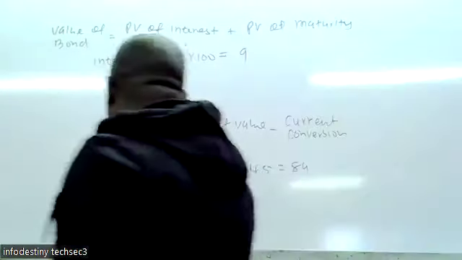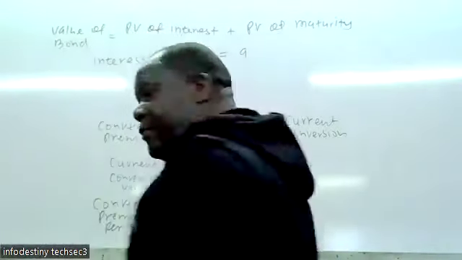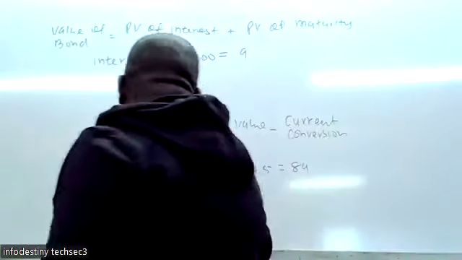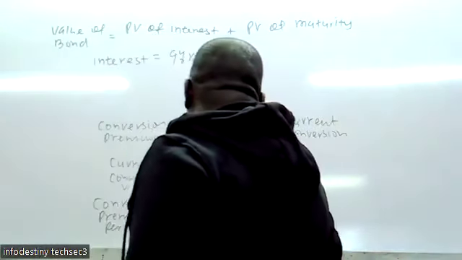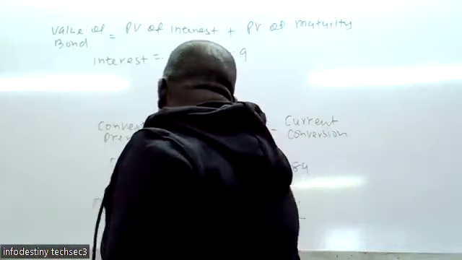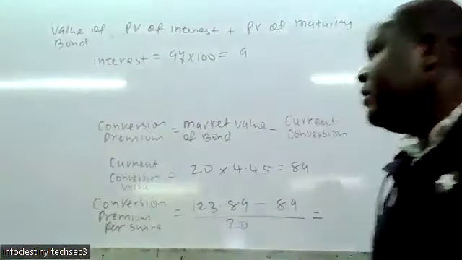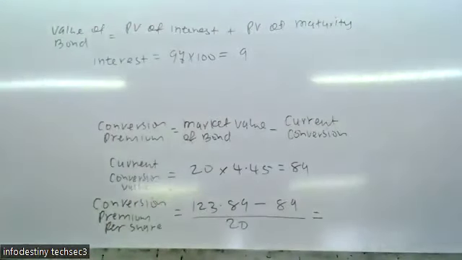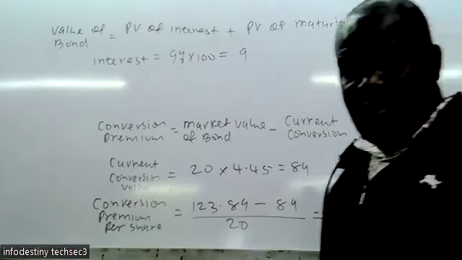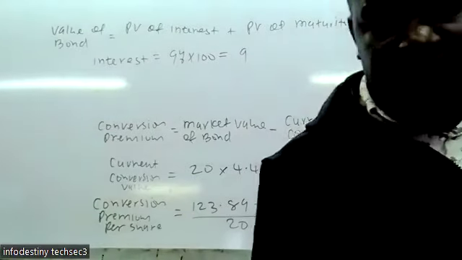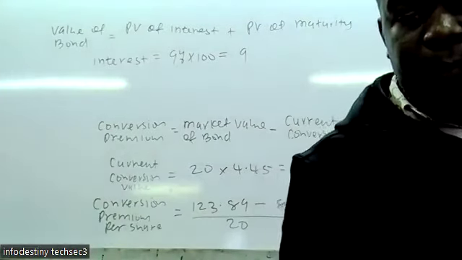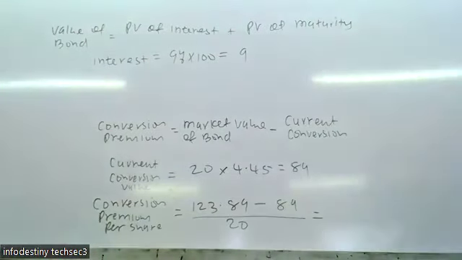So you take 123.89, subtract 89, and divide by the 20 ordinary shares to get per share. Remember to divide by the 20 ordinary shares to get per share.